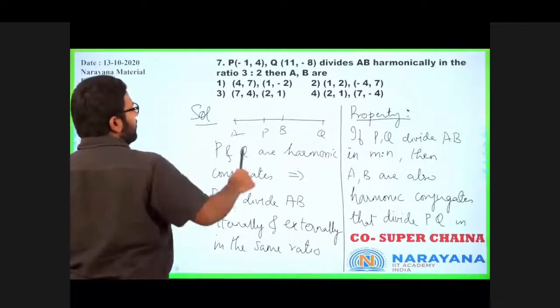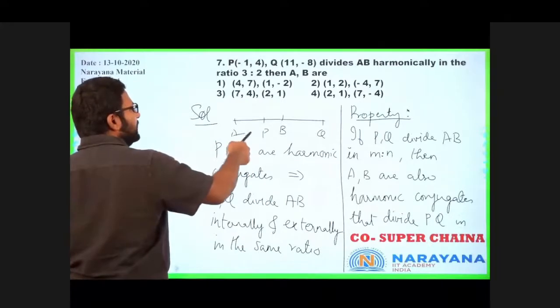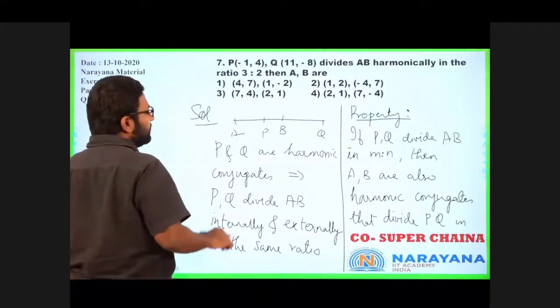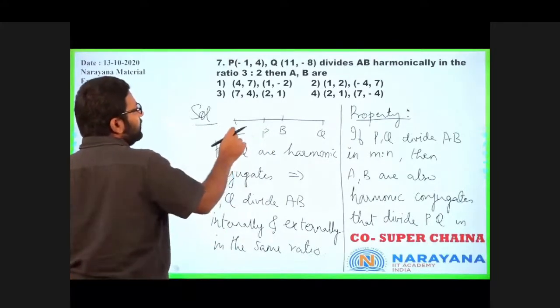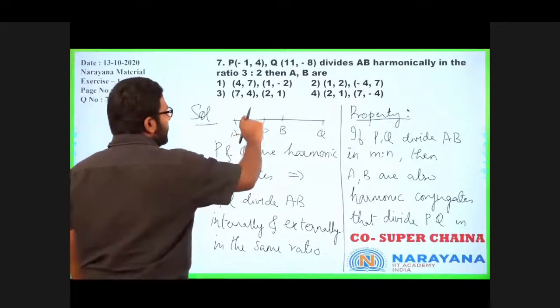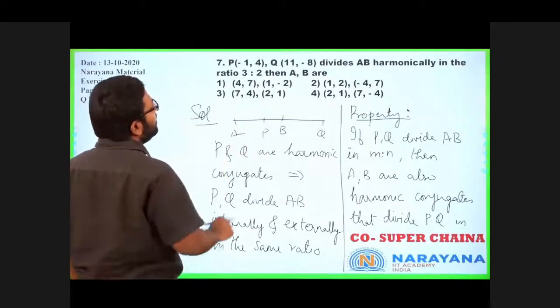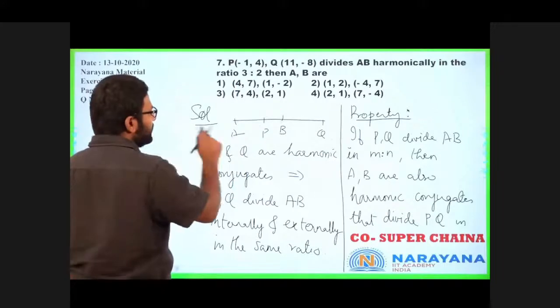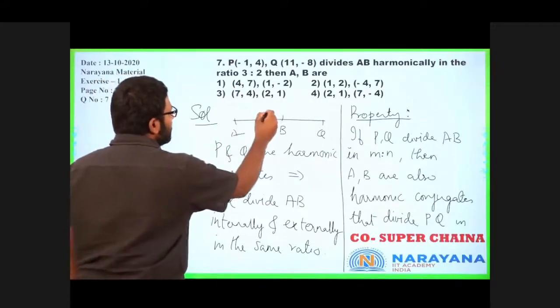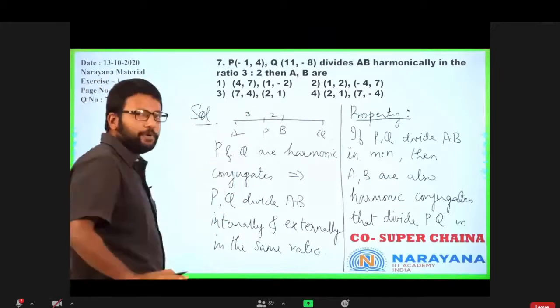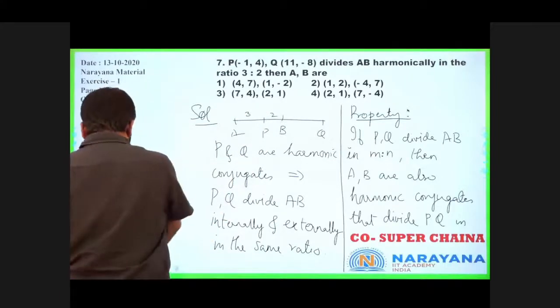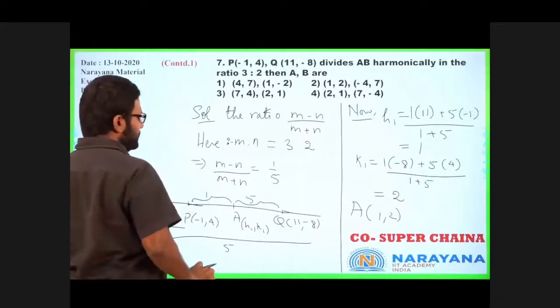Here also P is dividing AB internally, Q externally. But you never know which one you should take, 3:2 or 1:2, right? Okay, P divides AB. So here this part will be 2, this part will be 3:2. Okay, so just be a little bit careful.